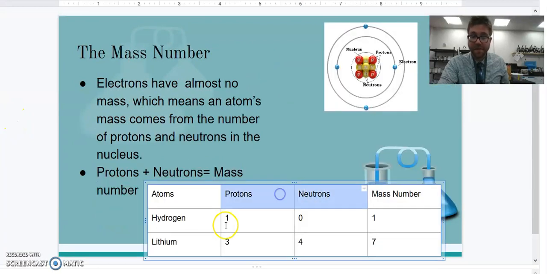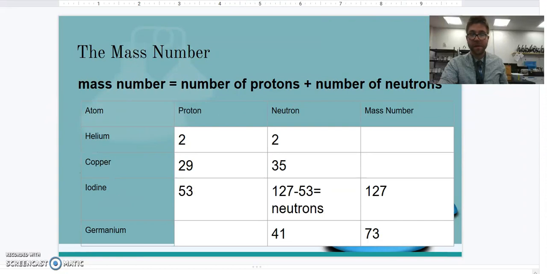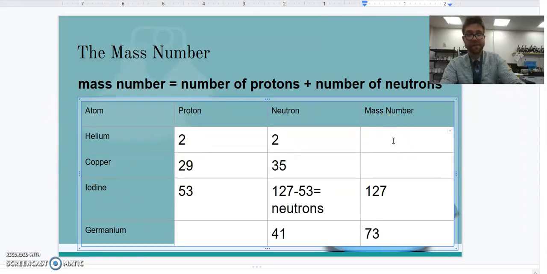Here's a couple of examples. Hydrogen has 1 proton, 0 neutrons, so its mass number is 1. Lithium has 3 protons and 4 neutrons. Its mass number is 7. There's a lot more examples that you can go through, especially in your notes. The mass number of helium would be 4 because we have 2 protons and 2 neutrons.